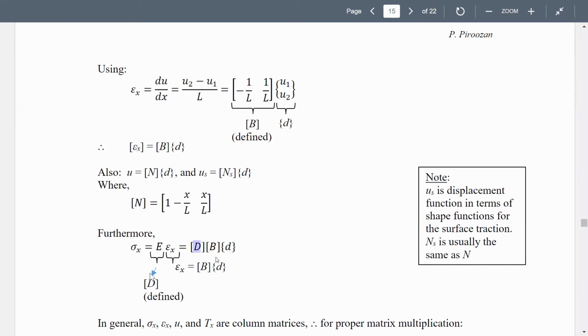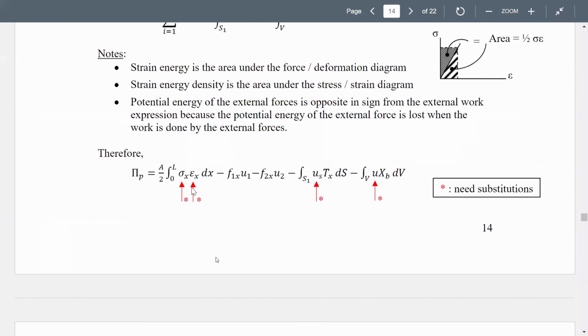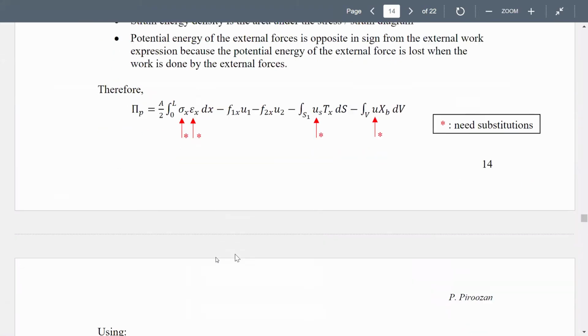In this case, it is simply E, the modulus of elasticity, but let's call it the D matrix. And this epsilon is simply BD. So sigma is what? D B D. Sigma is DBD. That's the substitution we wanted to make for sigma.